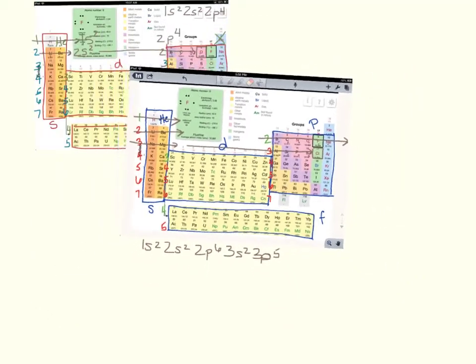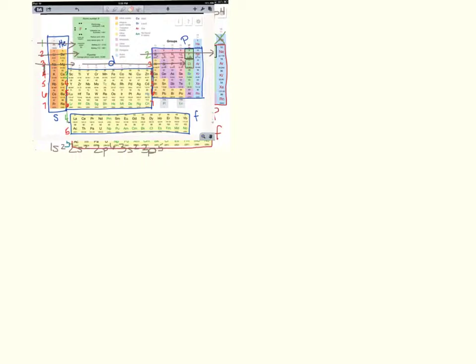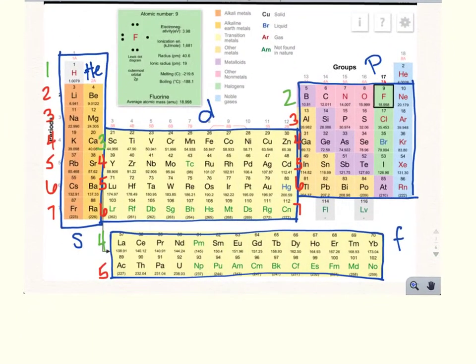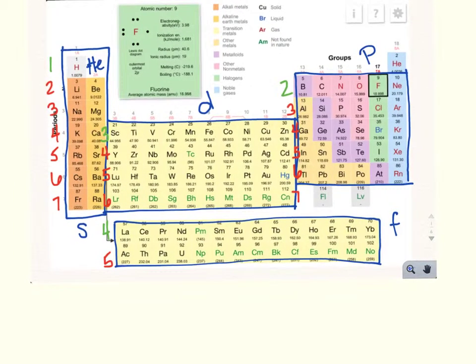But let's do one more example that gets a D sublevel in there. For this one, let's do arsenic.